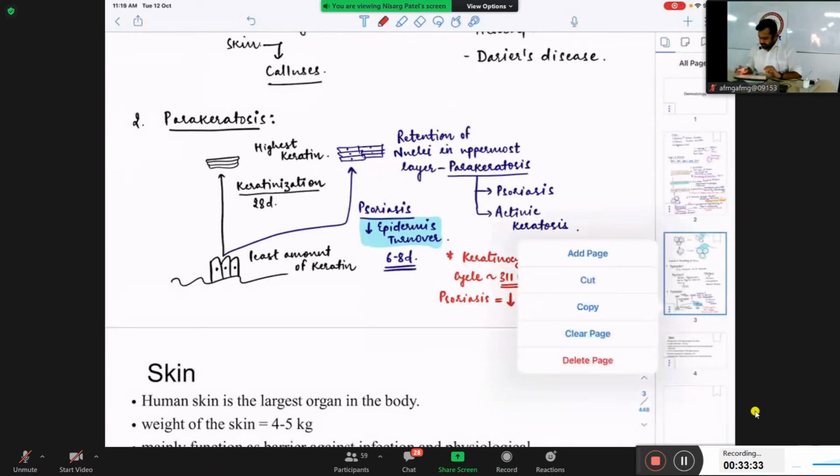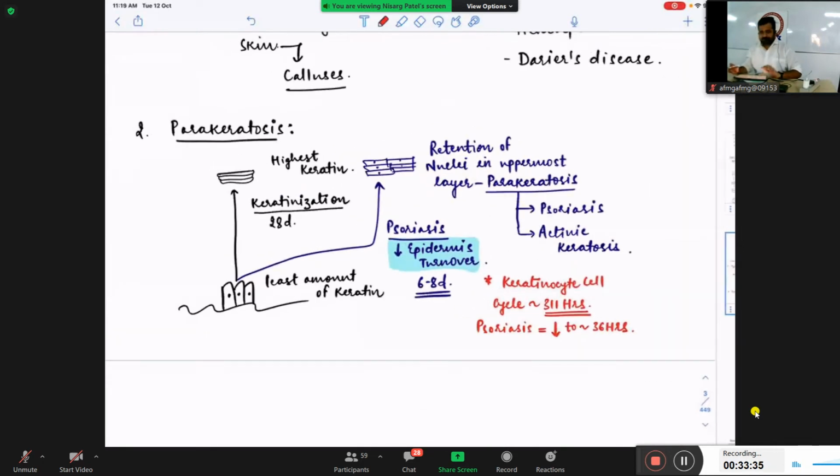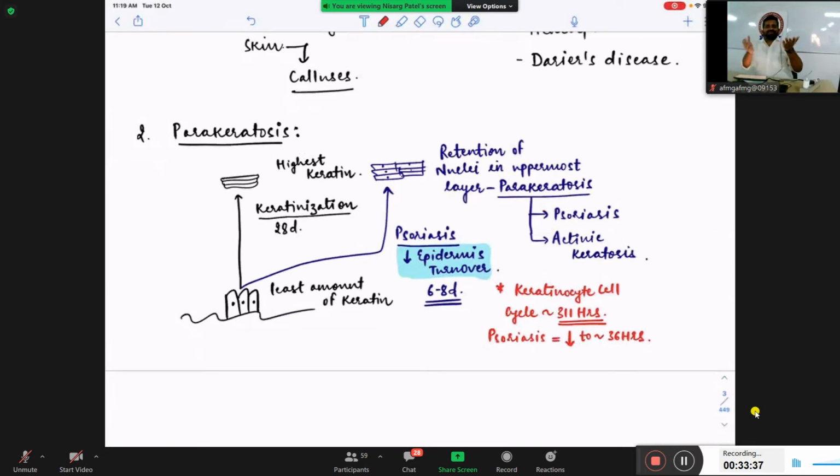Okay, turnover. So what is the turnover? As I told, from the basal layer, cells come into the uppermost layer. Daily I take my bath, we wear clothes, we play, so our skin always has friction, and because of the friction I lose cells. But while I am losing cells, at the same time I am receiving new cells from the basal layer.